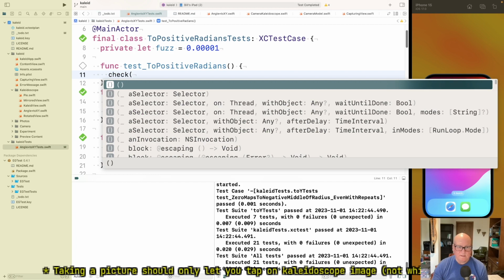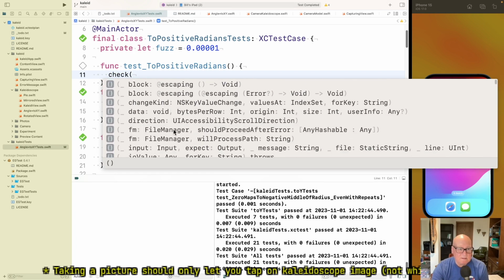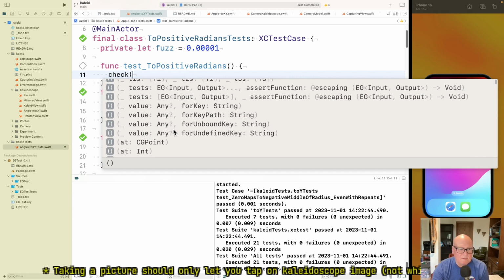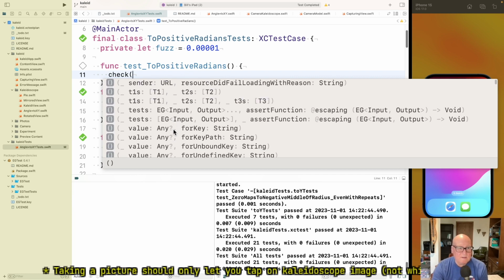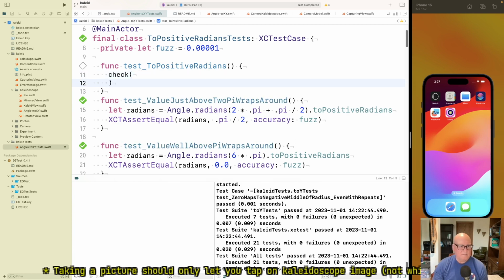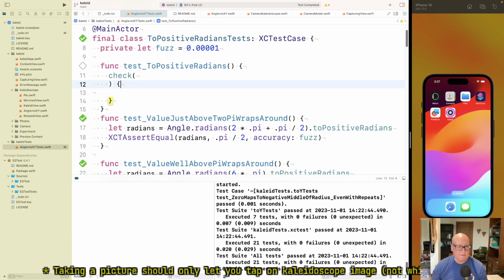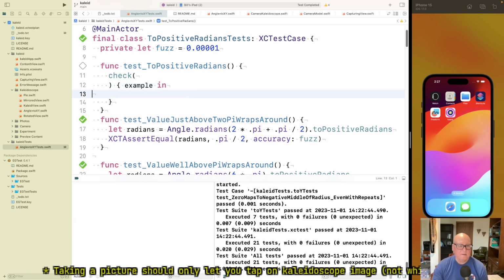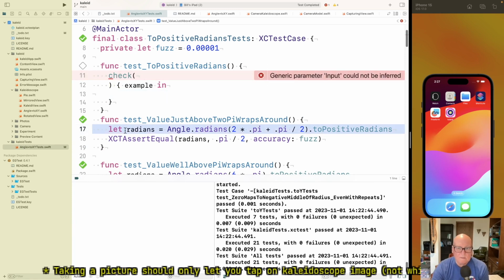And I think we have one that takes a list of them. Okay. A list of tests, and then does this with example in. Okay.